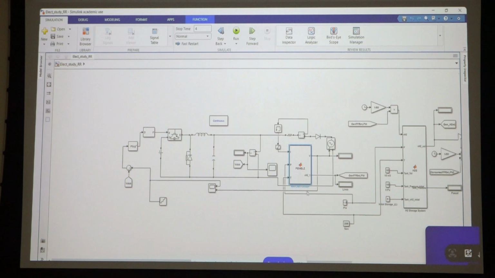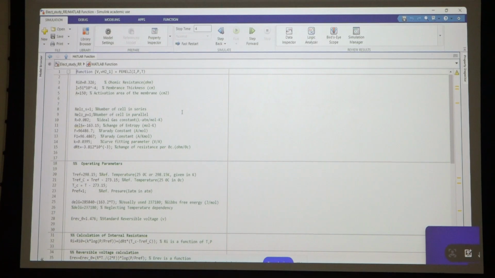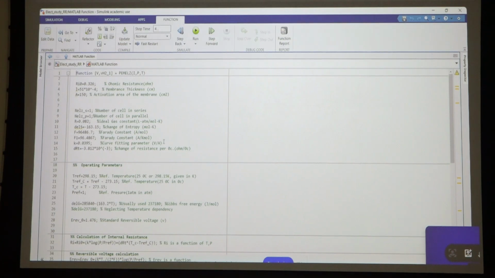Here, if we go inside this, as the professor said, this is the MATLAB Function block. Here we defined all the things. This is the ohmic drops. This is the membrane thickness. These are all given. This is the area of the activation membrane.